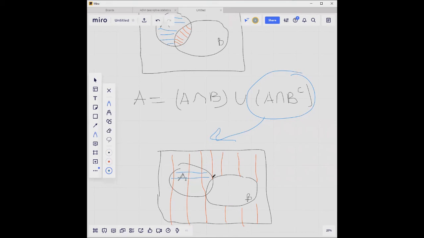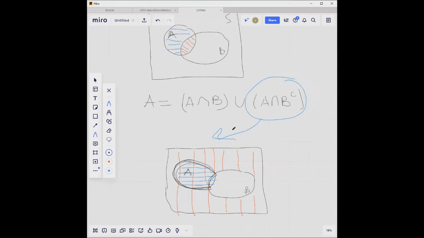So A is in horizontal blue lines. All right, now let's find a region where we have both vertical red and horizontal blue lines. So the intersection of this happens in this region. So everything that is inside of A except its intersection with B, right?